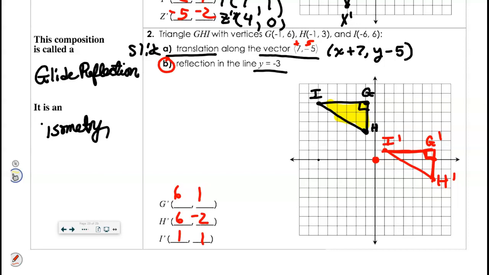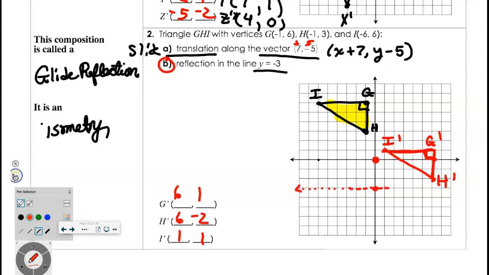So what you're going to do is draw that line in. Y equals -3 is 3 down on the y-axis, and you're just going to draw your line that you're supposed to flip over. And then what did we say we do for those? You walk to it and you walk away. And then we'll write our G double prime right here.